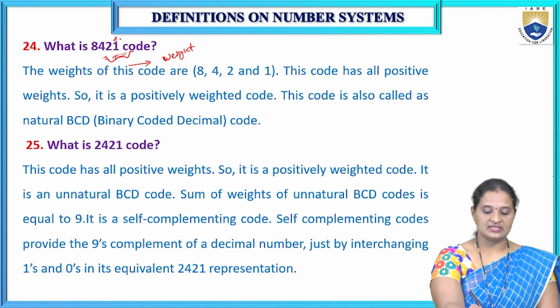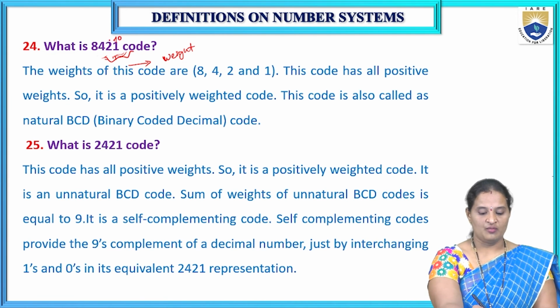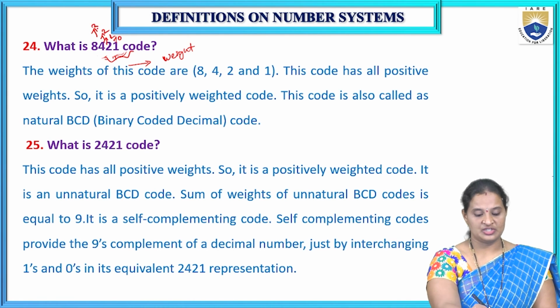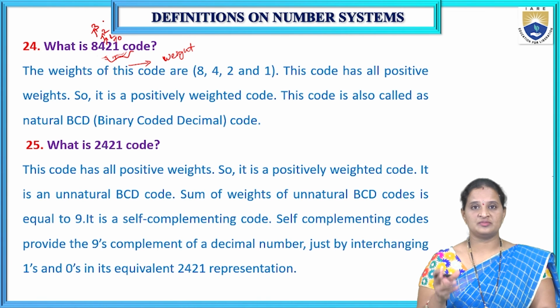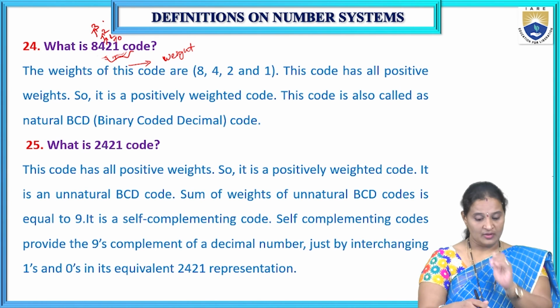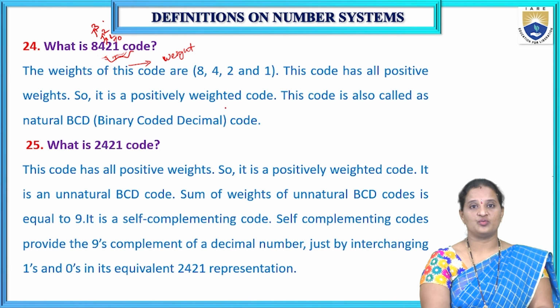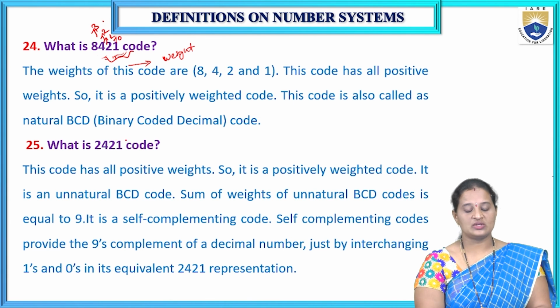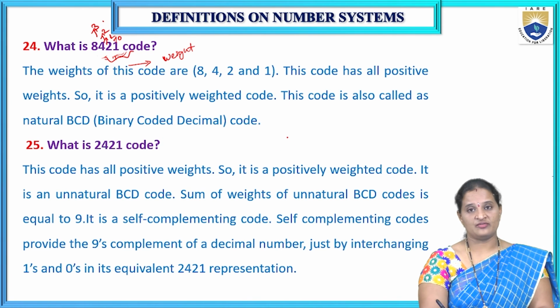Each bit has its own positional weight, and such a type of code is called 8421 code. This code is also called natural BCD or binary coded decimal code. So this is about 8421.